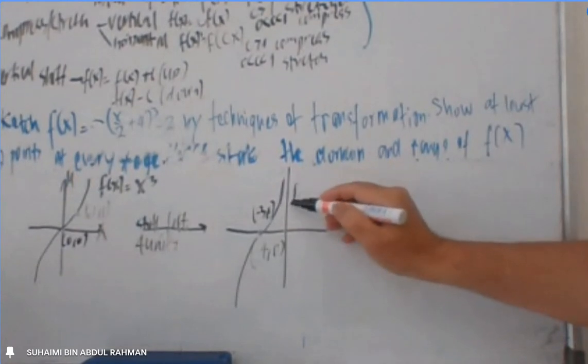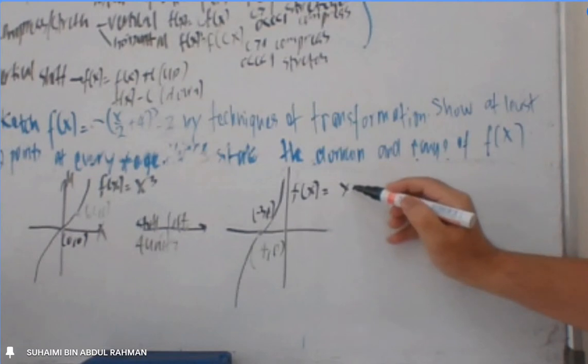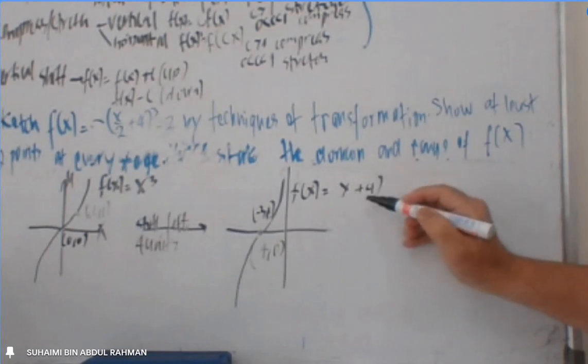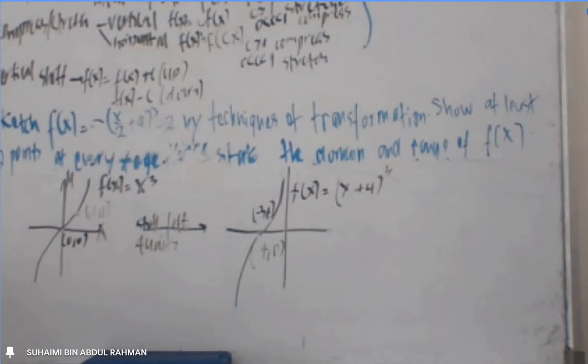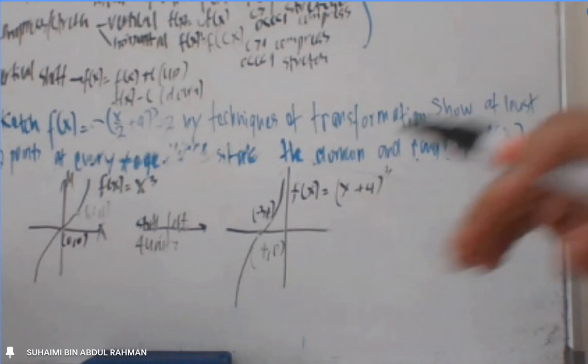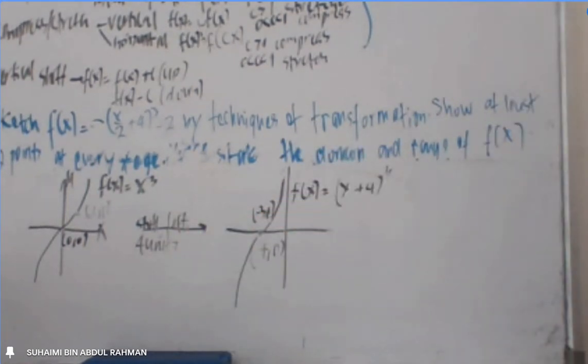And this is our new function, x plus 4 cube. And new functions exist after this with the shifting to the left. You get it?